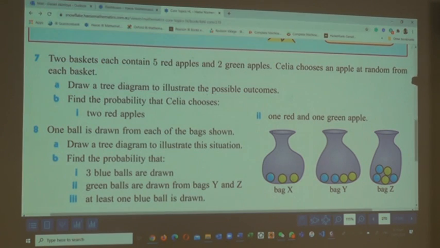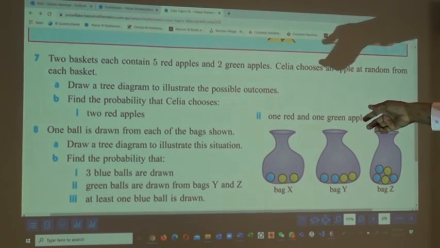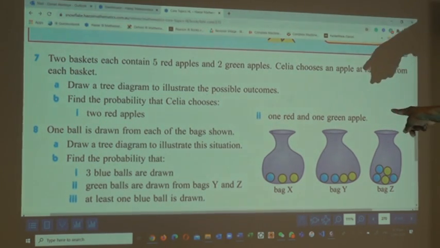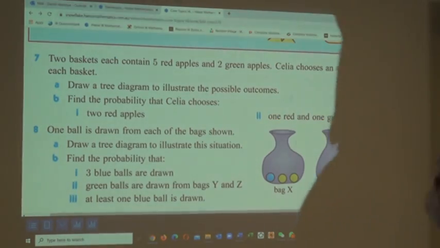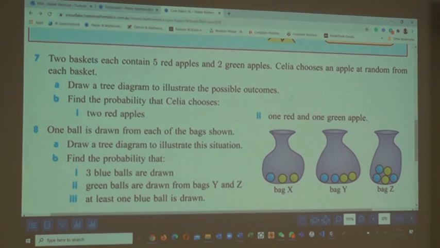It's independent, because what you pick the first time does not affect the second, because you are not talking about one basket, right? So we draw the tree diagram. From the tree diagram, we are picking 2 apples, right? Yeah, 2 baskets. So the number of baskets does not determine the tree diagram, rather the number of apples being picked.